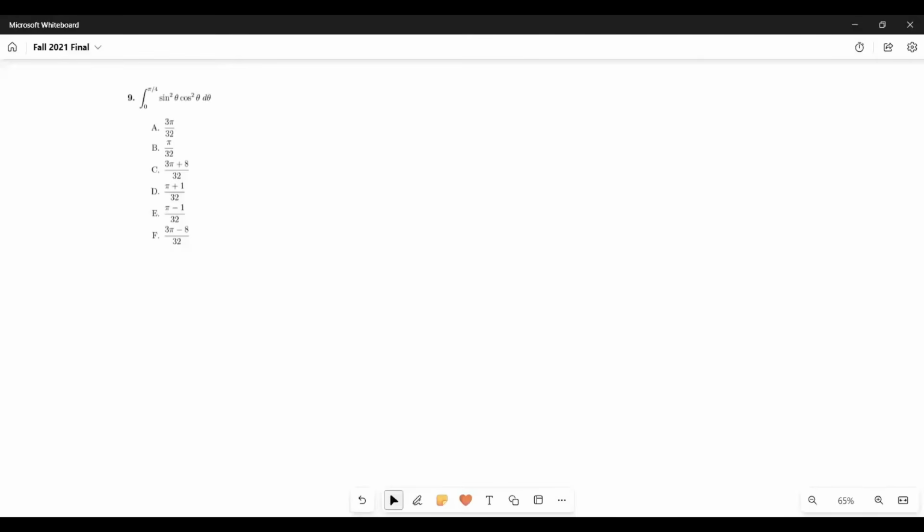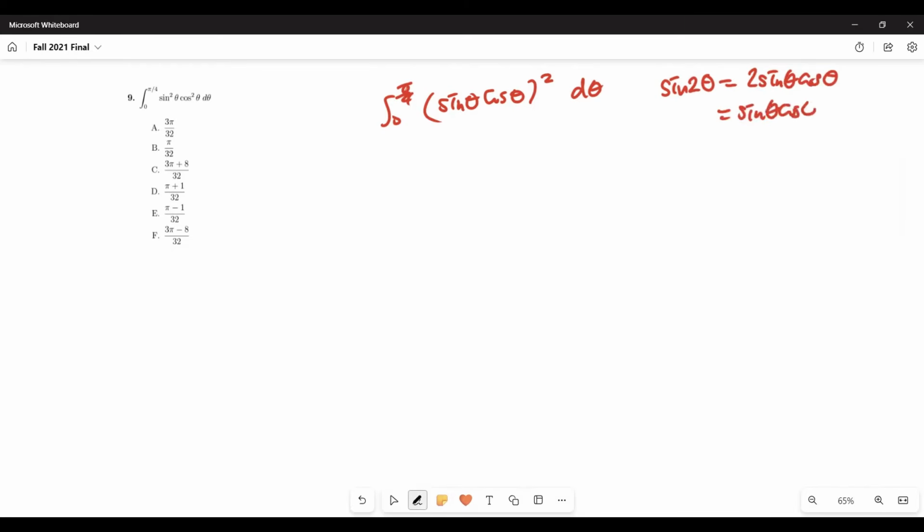Okay, this question asks to find the integral of sine theta squared and cosine theta squared. The theta is from 0 to pi over 3. Okay, I'm going to group it by sine theta and cosine theta because they have the same power of 2. And if you recall the double angle formula, sine 2 theta is the same as 2 sine theta cosine theta. So sine theta cosine theta becomes sine 2 theta over 2.